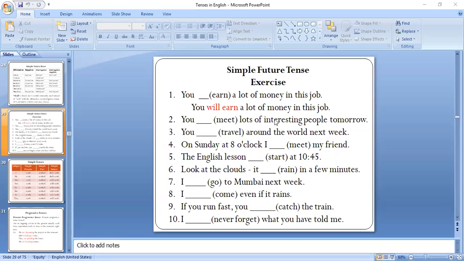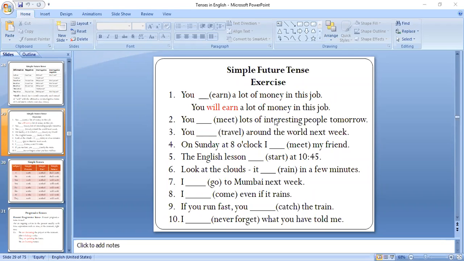On Sunday at 8 o'clock, I will meet my friend. Okay, I will meet my friend. Fifth sentence is: The English lesson dash in bracket start at 10:45. The English lesson will start at 10:45.